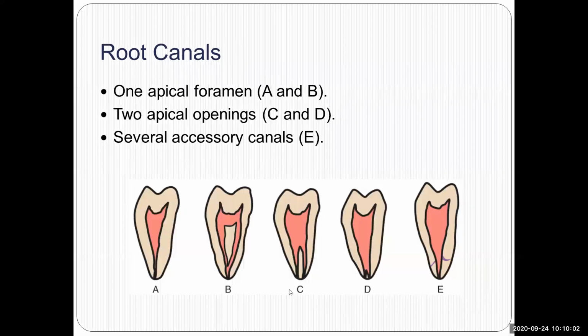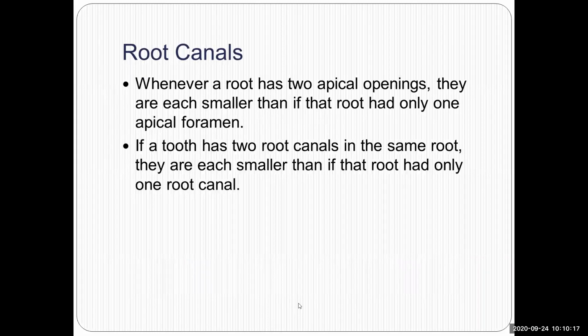Look at the different root canal foramens. Wide variety, all the same tooth. Whenever a root has two apical openings, they are each smaller than if the root just had one opening.